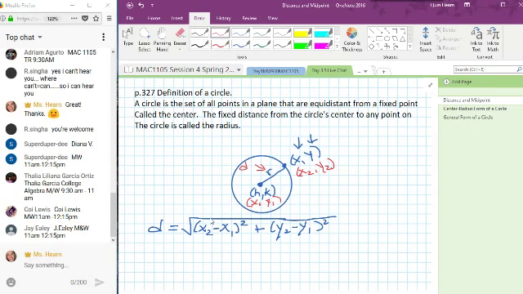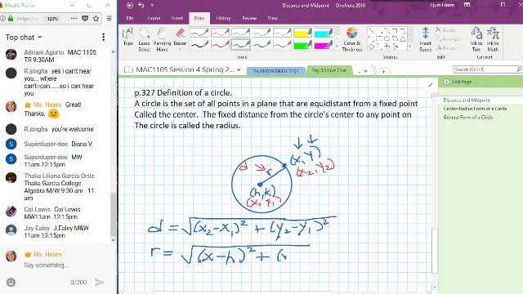So we can plug into this formula, and we're going to have r equals the square root of x, instead of x2, we have just x, minus x1, which is h, squared, plus y2 minus y1, which is y minus k, squared.